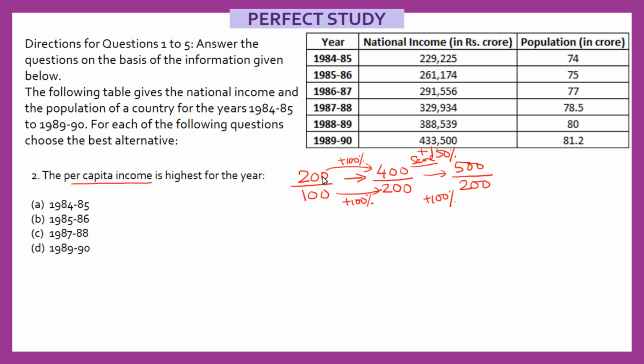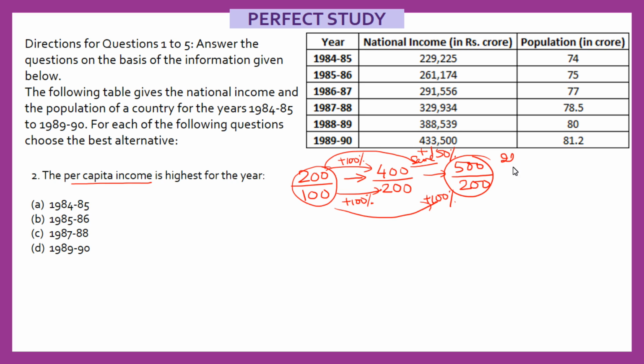I am comparing it with the previous fraction, not with the middle one. Now because the numerator change is higher, the fraction will be bigger. That is the concept: if the percentage increase in numerator is more than the percentage increase in denominator, the fraction will be greater.